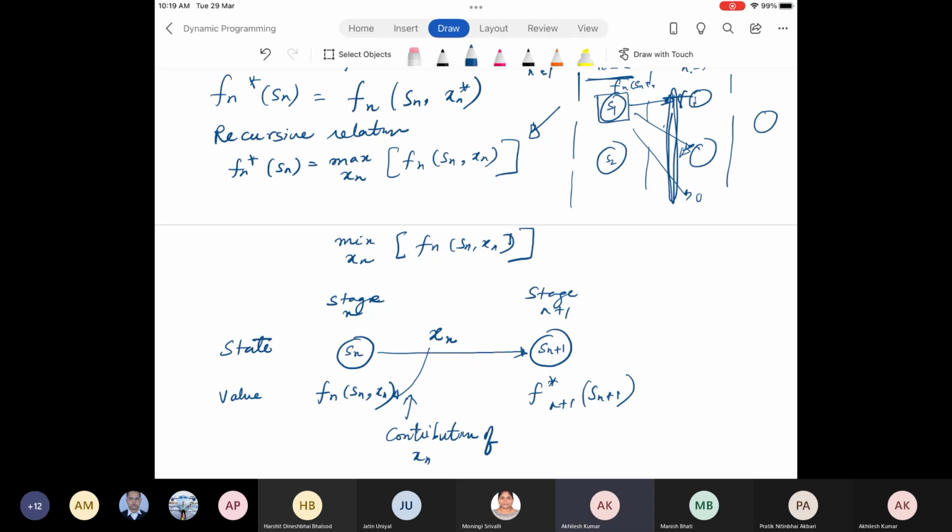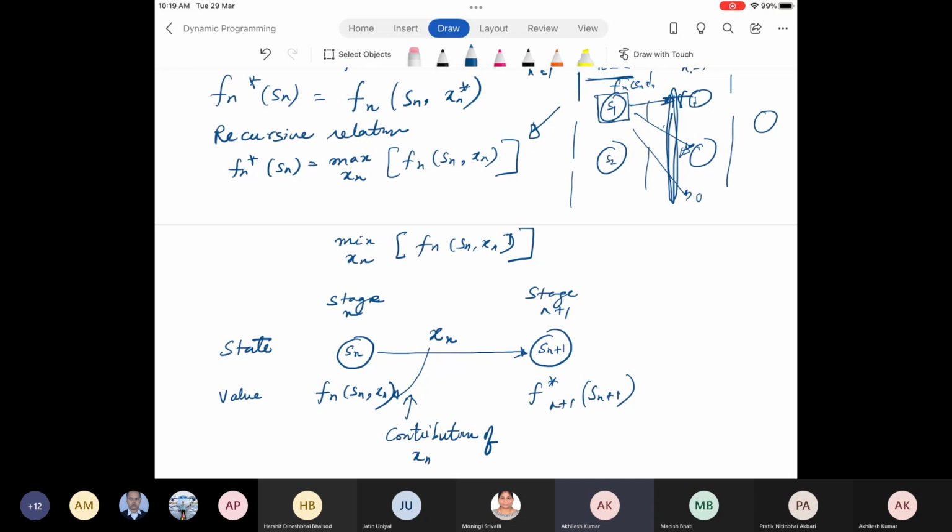After that, the recursive relation will get me the optimal decision or optimal policy to move through a particular state diagram. So any dynamic programming problem will have this structure. The only thing is your recursive relation changes based on the problem.